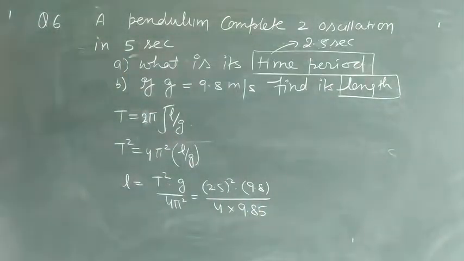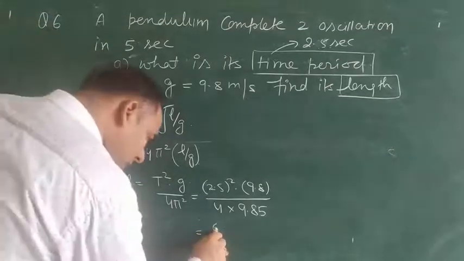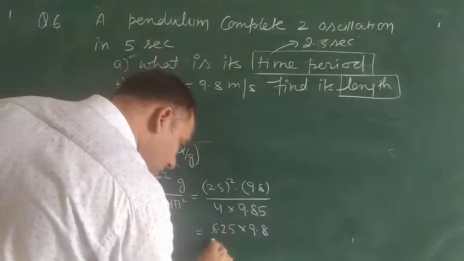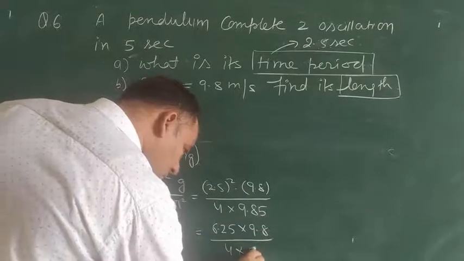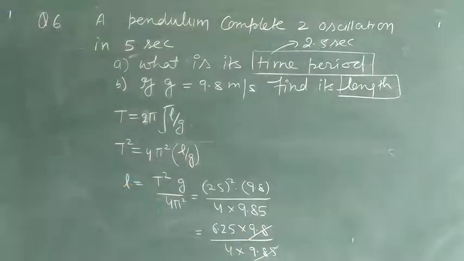Therefore after calculating, 25 into 25 is 625, that is 6.25 into 9.8 and 4 into 9.85, and with approximation there is a cancellation.